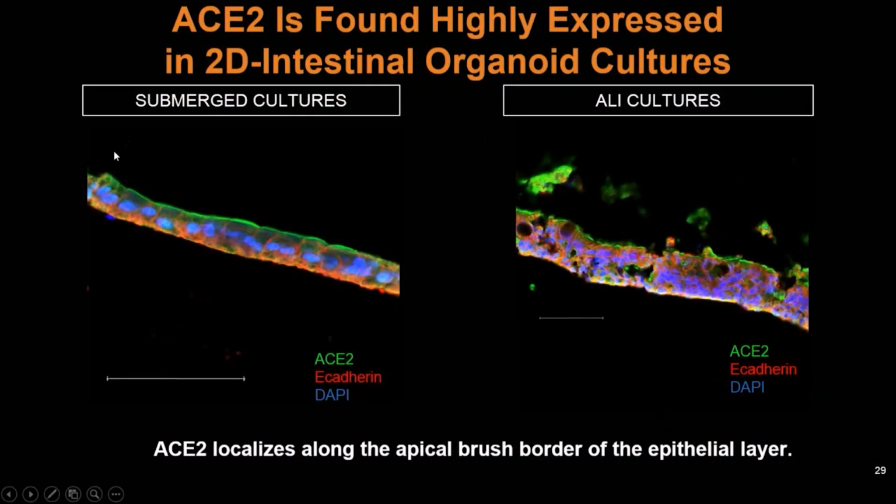And we show here a very nice apical expression of the ACE2 receptor on the epithelia generated in the submerged and air-liquid interface culture systems, really suggesting that this could be another platform useful for further research.